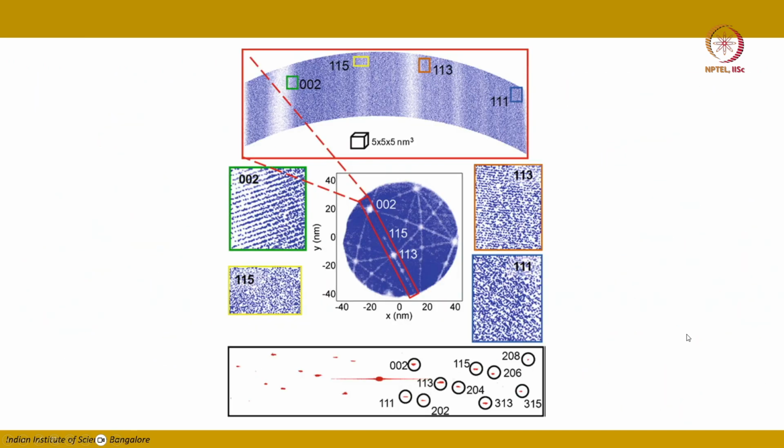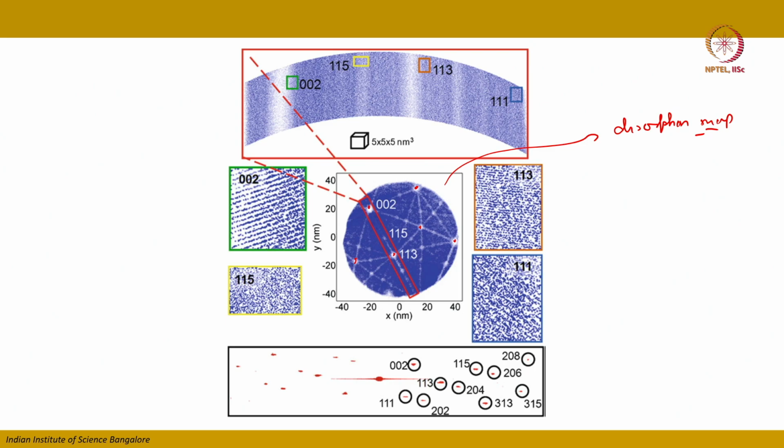So you can see that this is a desorption map, okay, and you can see these zones which are appearing on the desorption map. As I told you, these zones are nothing but the crystallographic poles, similar to the stereographic projection.